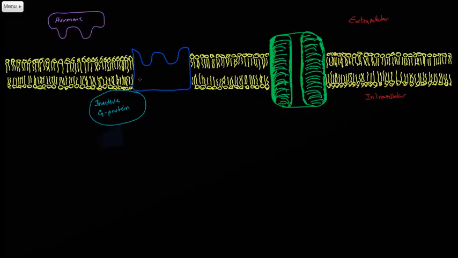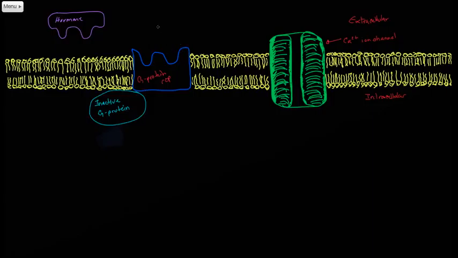Here we have a G protein receptor. Here we have an inactivated G protein. Here we have a calcium ion channel. And here we have our phospholipid bilayer, as you can see.